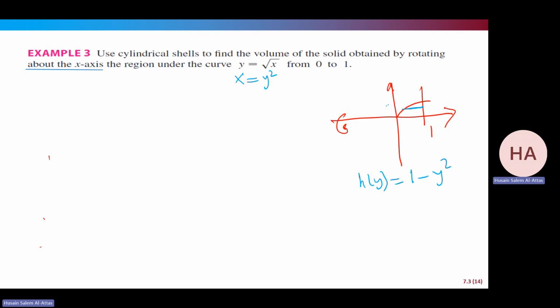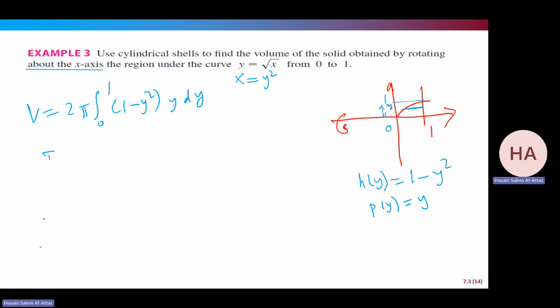And if this is y, how far is the distance? It will be y minus 0, which is y. And from where to where? From 0, and this point is 1. So I have it from 0 to 1. So the volume will be 2 pi, 0 to 1, 1 minus y squared times y dy.